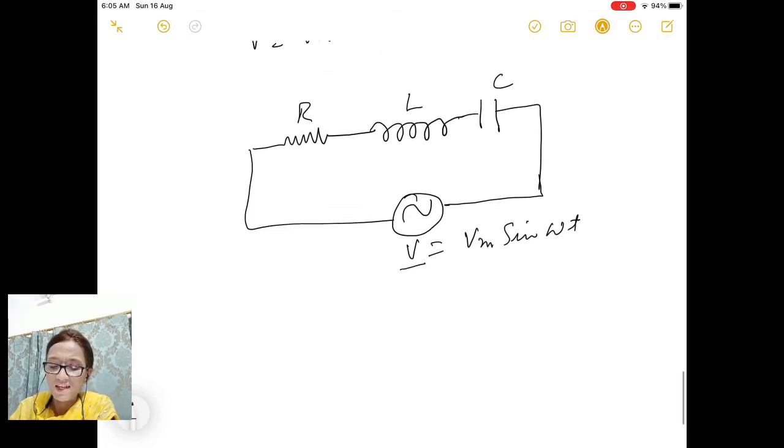And the resistance given is R, inductance given is L, capacitance given is C. Now this voltage will drop at all the electrical components. The voltages will not remain same, but since the circuit is a series circuit, current will be same in all the components.